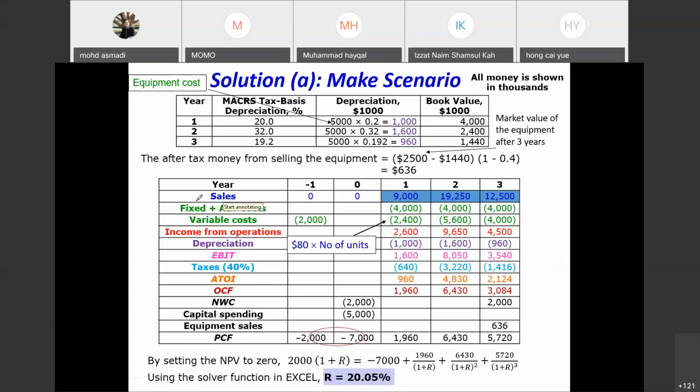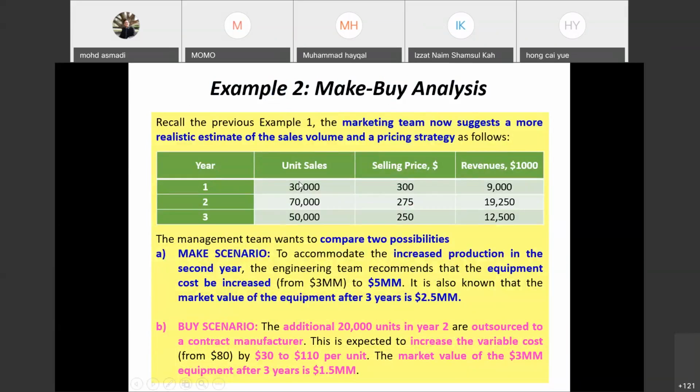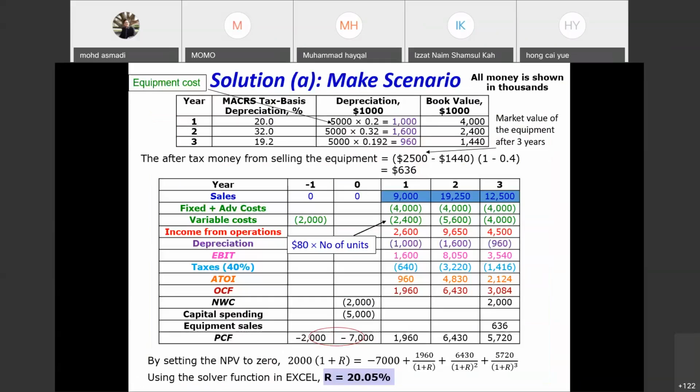And fixed advertisement cost is similar, but they have different variable cost, since the number of units sold every year is different. This one is 30,000, 30,000, 70,000, and 50,000. But for the previous examples, year 1, year 2, year 3 is similar, 50,000, right?